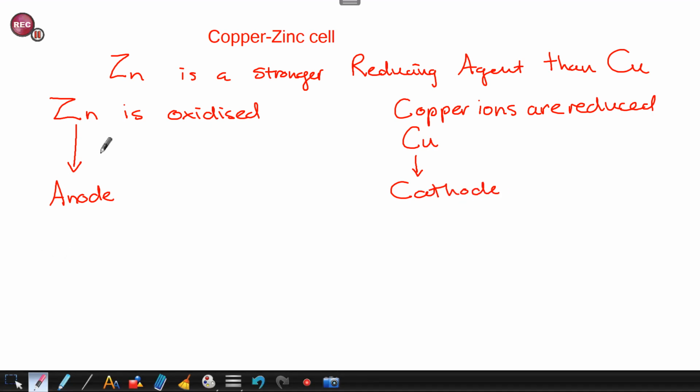So zinc is oxidized, it is the oxidation half cell, and the copper ions are reduced, so copper and copper ions form the reduction half cell.